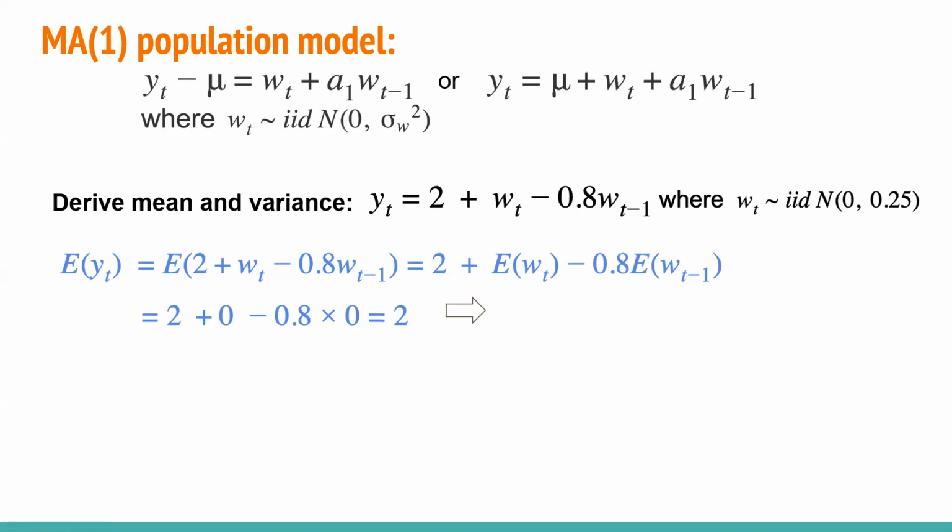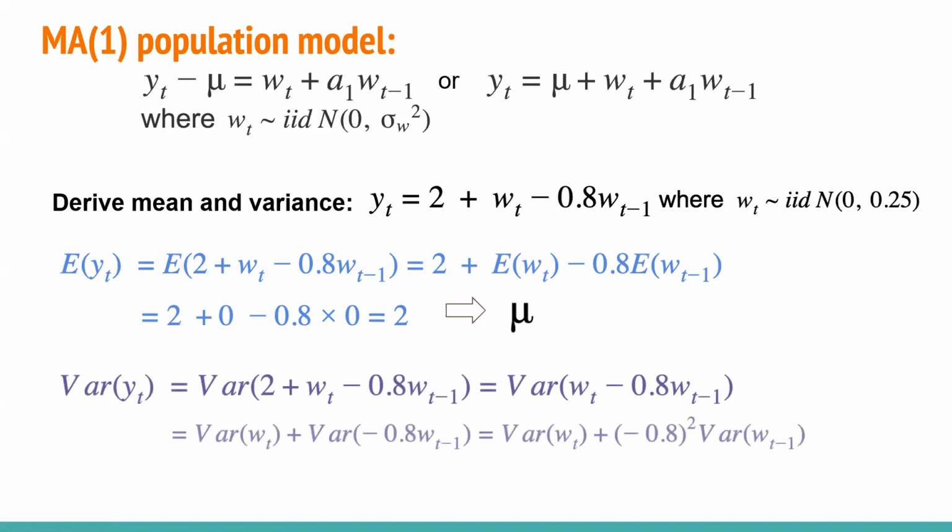Theoretically, the expected value of the residual is going to be 0. That is why when I plug in 0 here and 0 here, I automatically get 2. So the expected value of YT is 2.